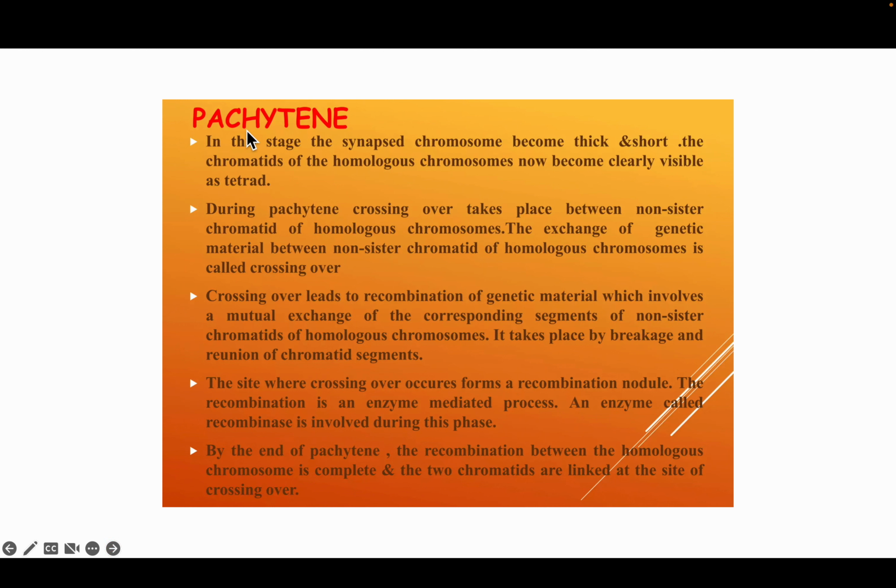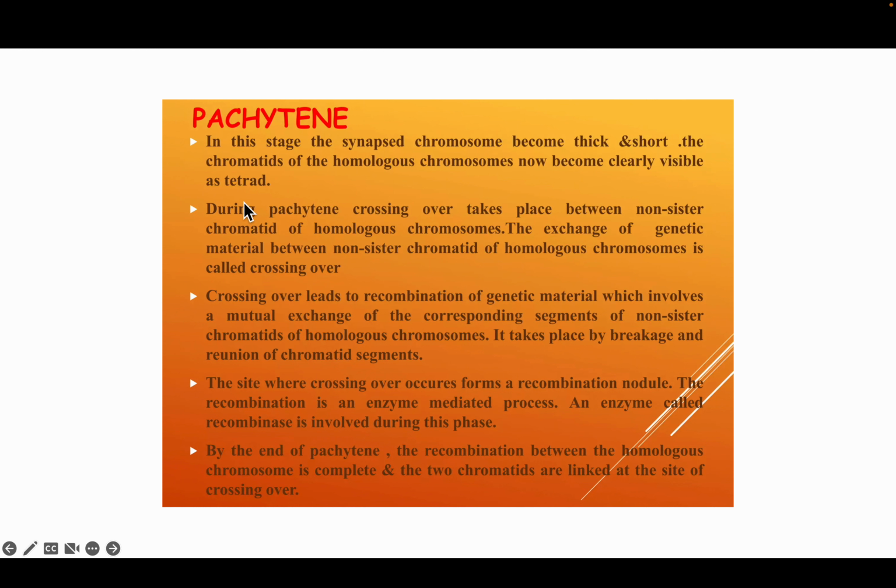Now what is happening in the pachytene stage? In this stage, the synapsed chromosomes become thick and short, and the chromatids of the homologous chromosomes become clearly visible as tetrads. Tetrads how? One homologous chromosome consists of two chromatids, so two homologous chromosomes lying side by side form four chromatids.